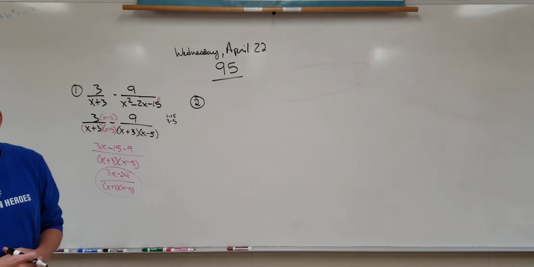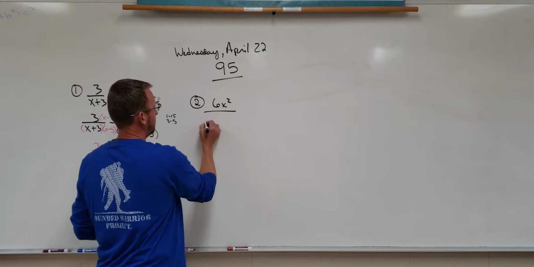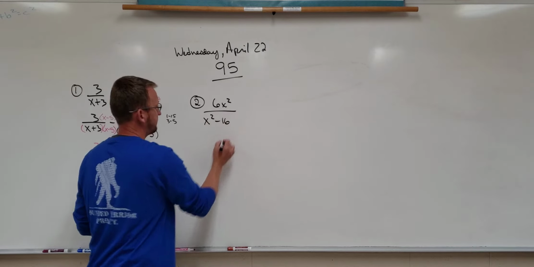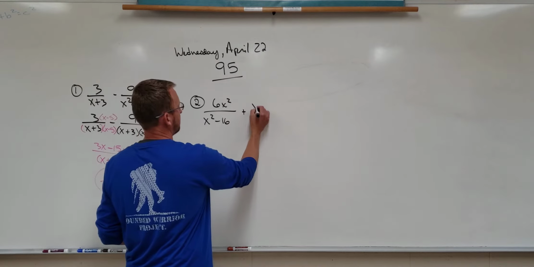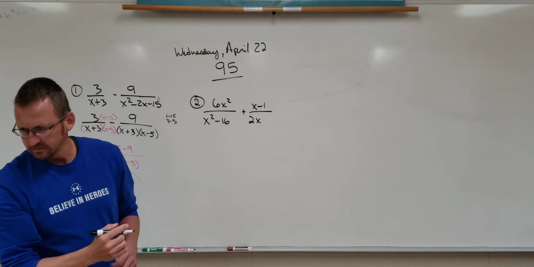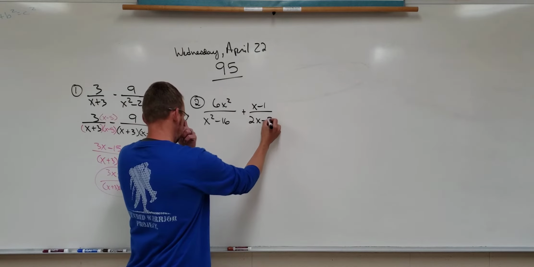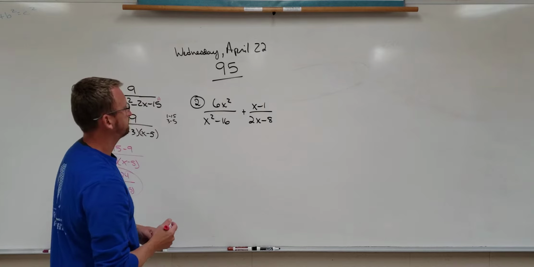Example 2. We have 6x squared over x squared minus 16 plus x minus 1 over 2x minus 8. So let's factor.